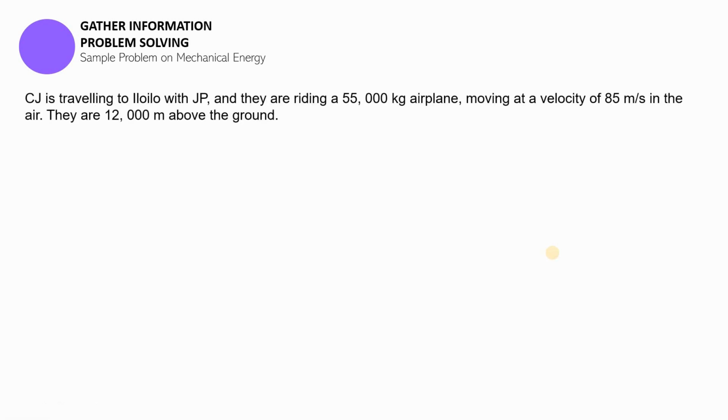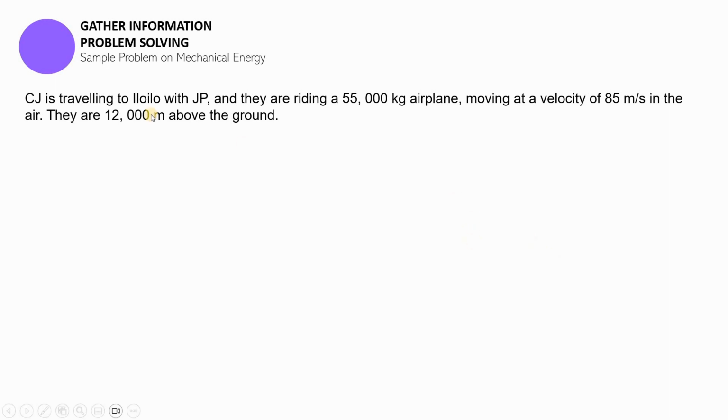Now, speaking of solving problems related to physics, let us have this first sample problem on mechanical energy. Say CJ is traveling to Iloilo with JP, and they are riding a 55,000 kilogram airplane moving at a velocity of 85 meters per second in the air. They are 12,000 meters above the ground.